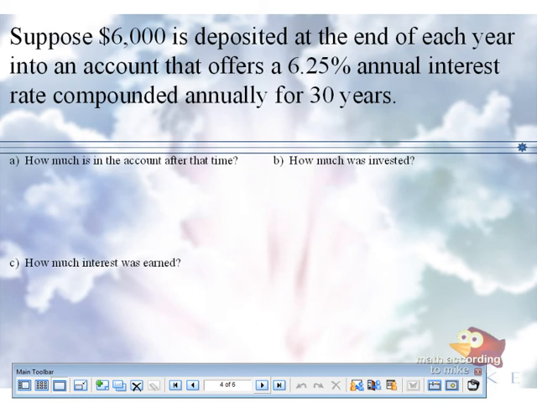So what's the setup for part A? Everything's the same. What's our new payment? $6,000. So instead of doing $500 monthly, we're doing $6,000 annually. So 6,000 times 1 plus 0.0625 raised to 30.